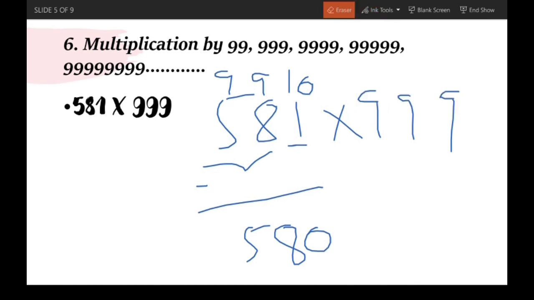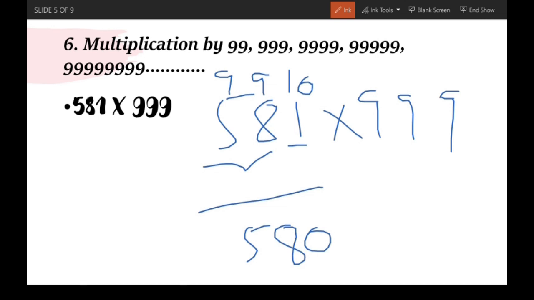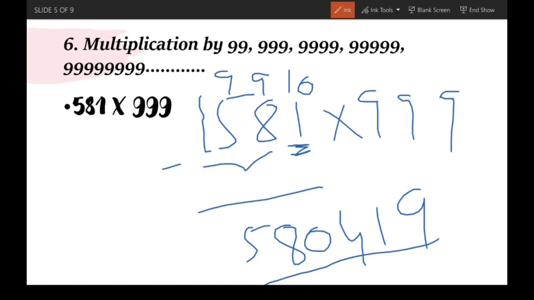In this case 9 minus 5 is 4. Here 9 minus 8 is 1. 10 minus 1 is 9. So the answer is 580419.